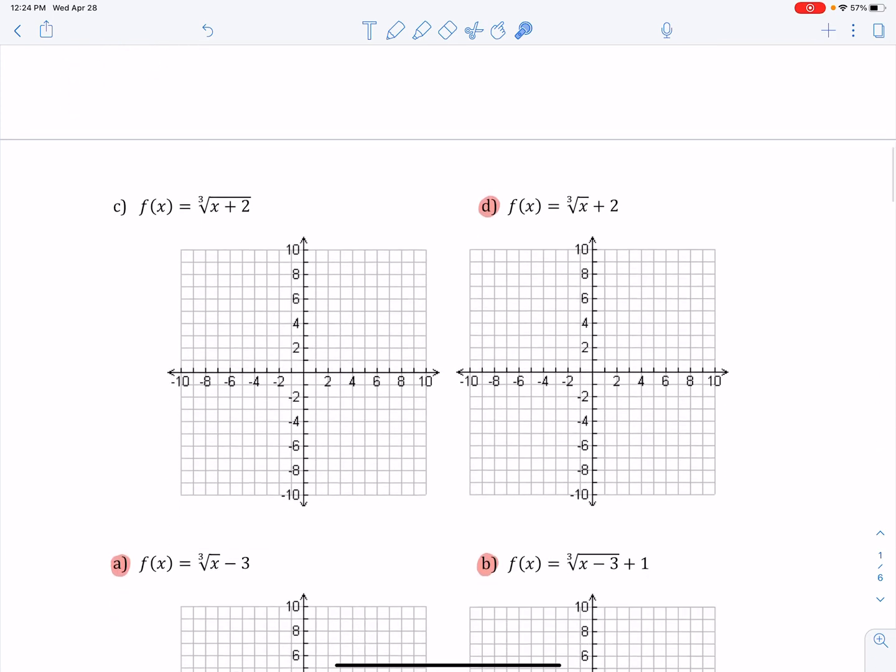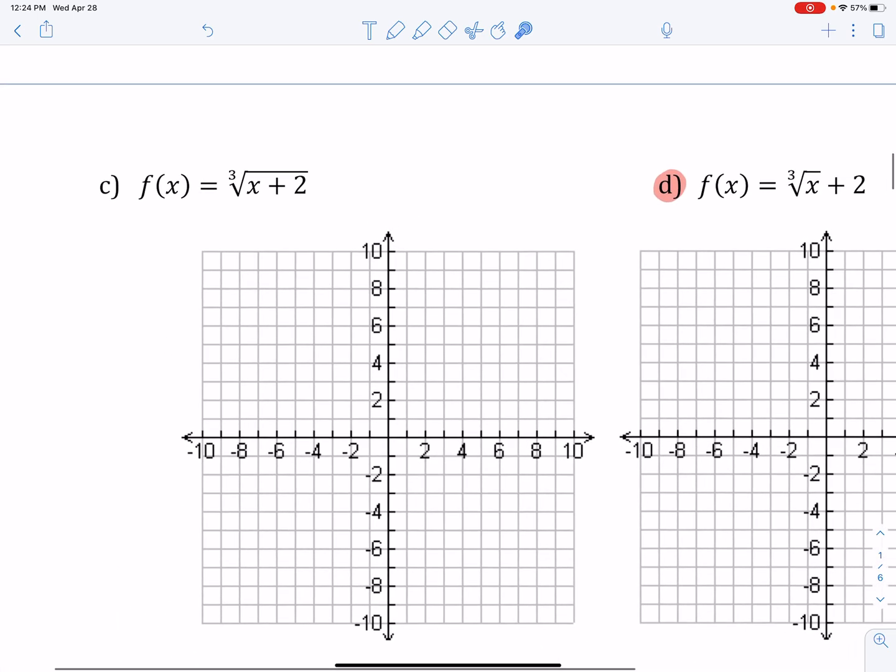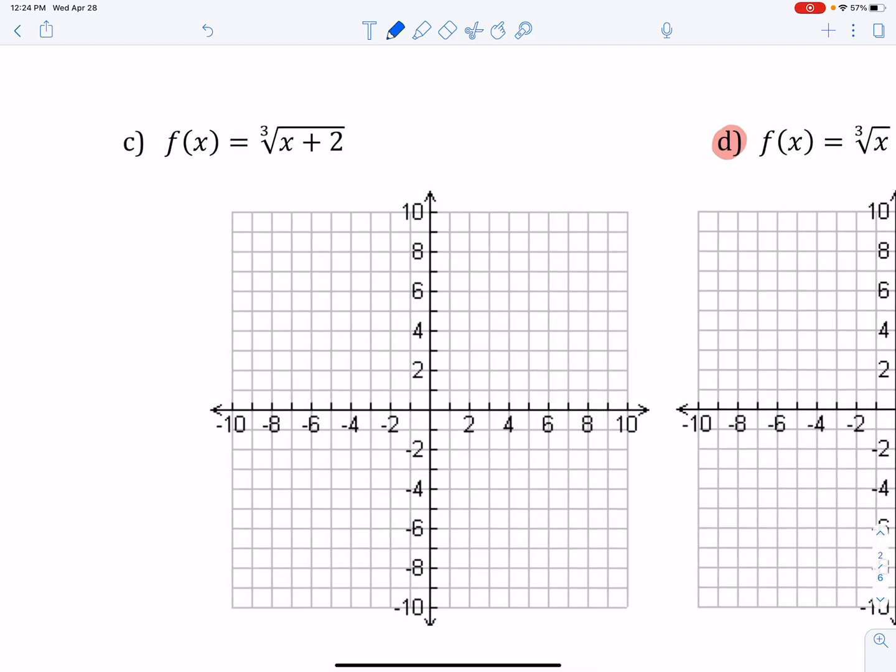Okay, letter C. Well, as stated previously, if I just plot that original cubed root graph that crossed the origin, then I could just translate it. So I'm going to write some steps here.